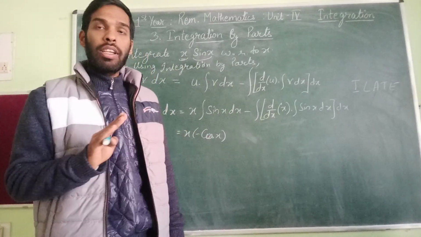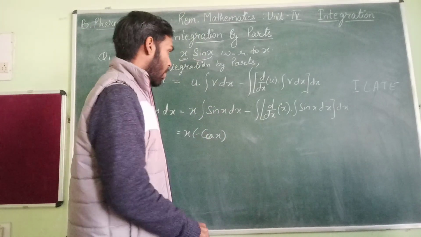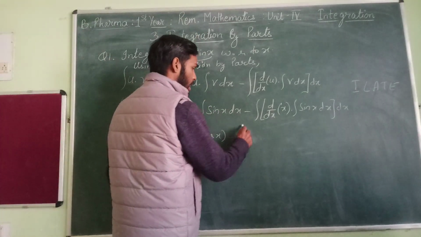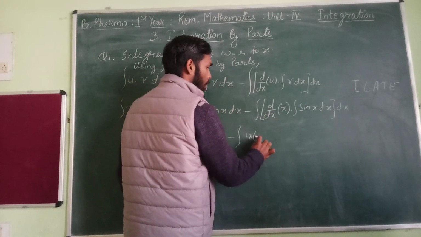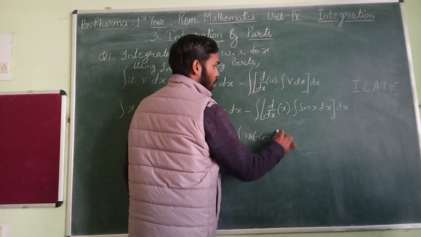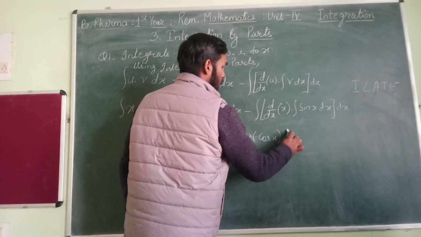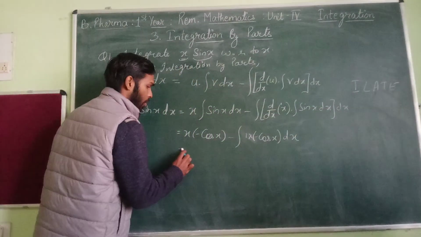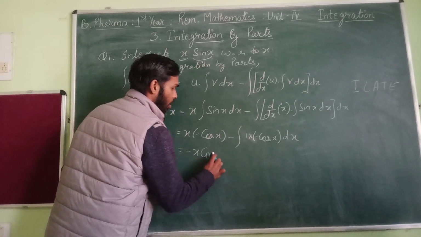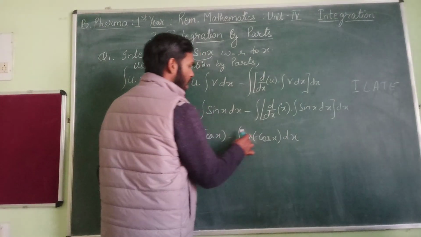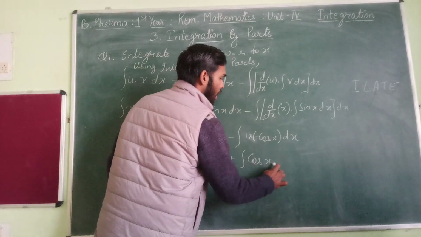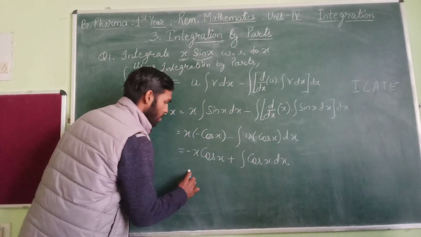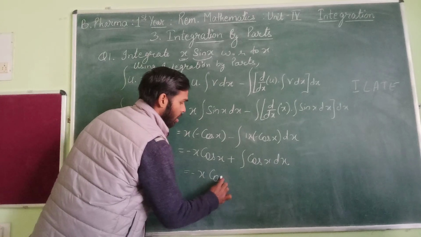Integration is minus cos x, minus integral, differentiation of x is 1, into the integration of sin x, which is minus cos x, close the bracket, and after that dx. In the last, minus x cos x. You can take this minus sign out, so it will be plus integral cos x dx, minus x cos x.